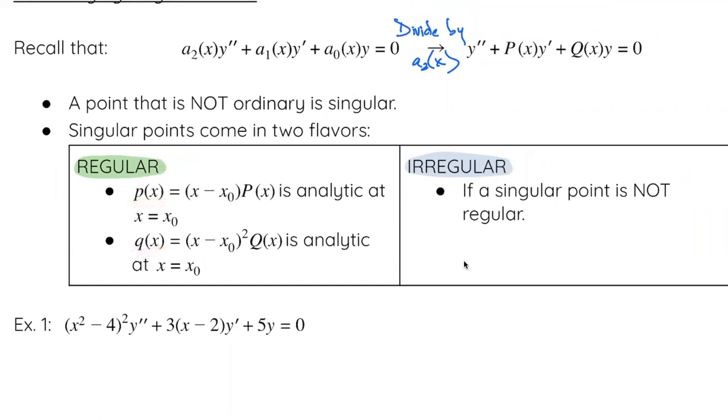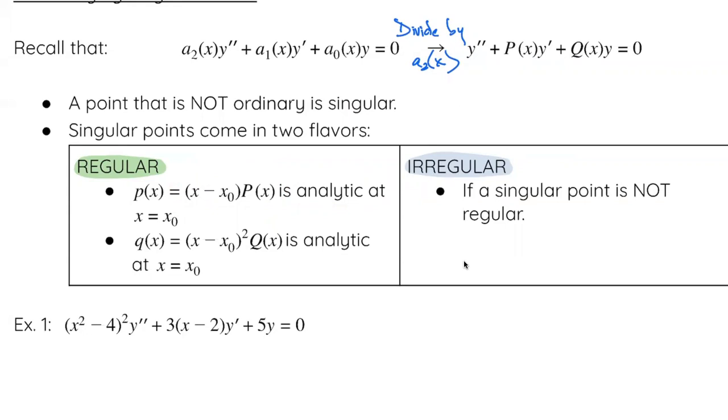If x minus x sub 0, whatever that center point is, times p of x, if that is analytic at that point, that is one clue to say that that point is going to be a regular singular point.